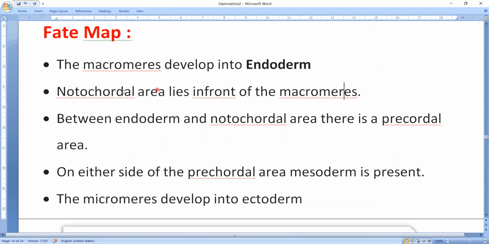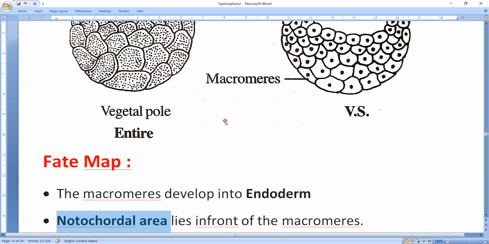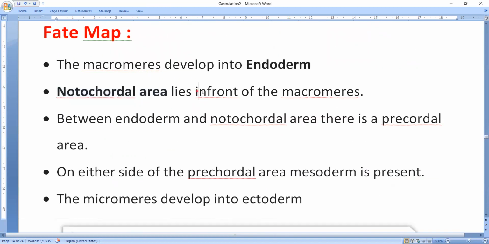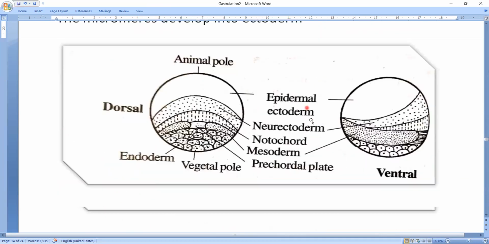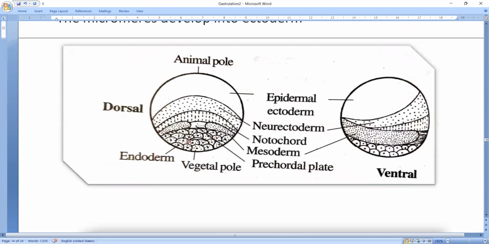And the notochordal area lies in front of the macromeres. Here we can see this one will become the future endoderm, and this is the future notochord.